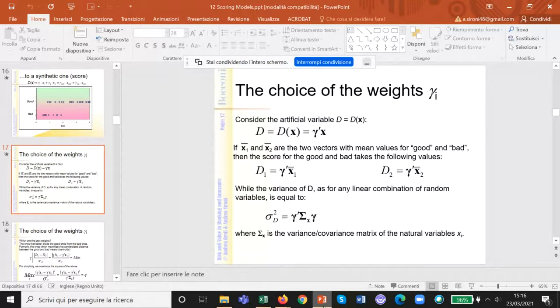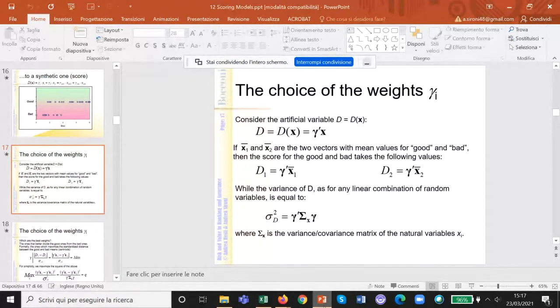Now, let's look at the following steps. So we want to find a function, dx, which is basically the product of the vector of weights, the coefficients, if you want, and the variable x, which is another vector. That's why we use the transpose for the weights.